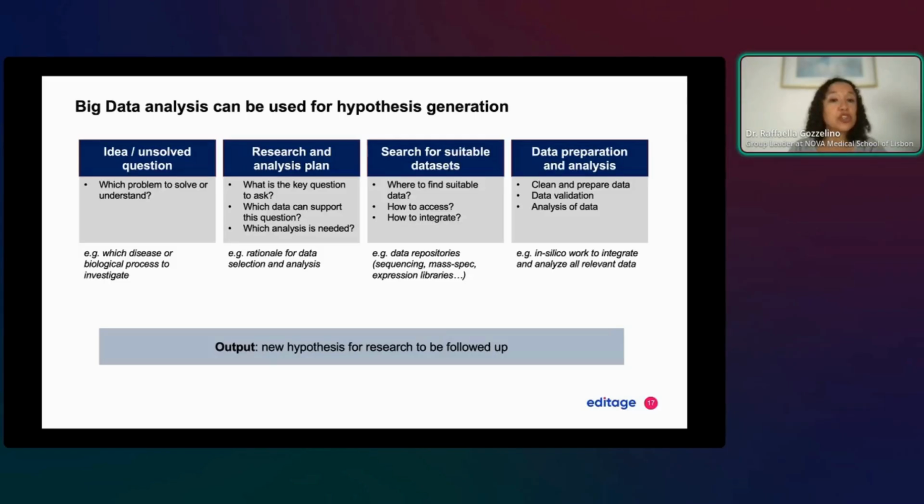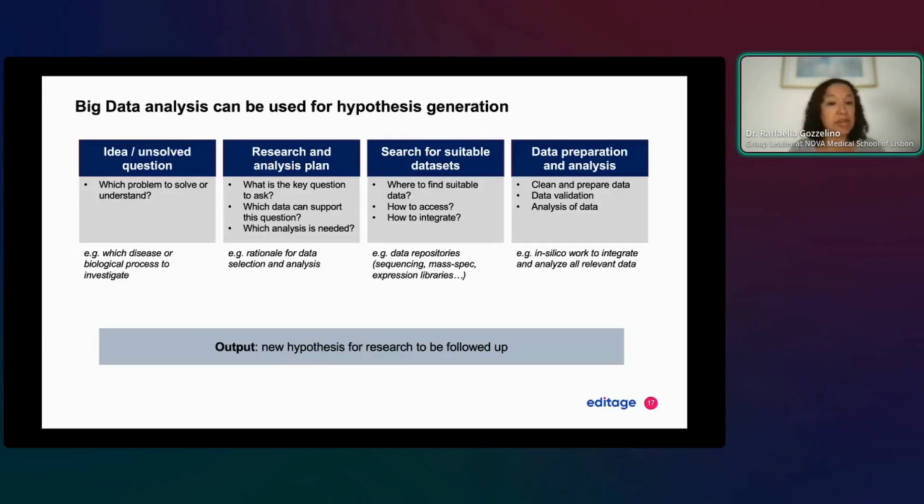But also, a research and analysis plan can be elaborated for you using these instruments. For instance, which is the key question that would need to be asked with these specific data sets, or which data can support this question, and therefore it defines the direction for me to acquire those data, or which analysis is needed to ensure that the plan of activity, and therefore my research question, is answered.